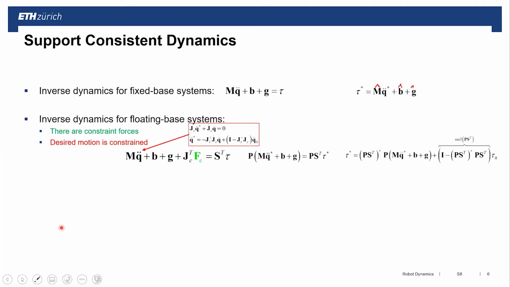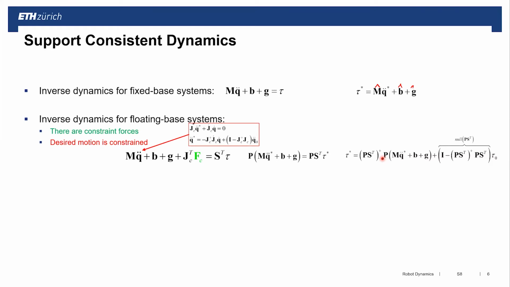If I have this equation, now I can do the same as up here, where I did inverse dynamics by just bringing the other thing to the left-hand side and vice versa. So here we have to take the pseudo inverse of this P S transposed, the pseudo inverse times the left-hand side.